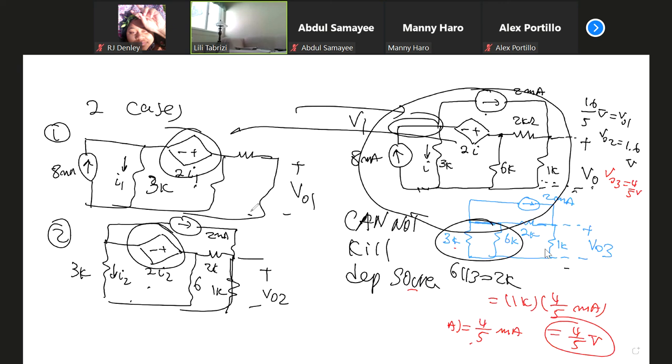The first problem I had was three resistors, and you would use voltage division to solve for V naught 1. I can also use voltage division if that's your question. Yes, you can do that. Are you asking if you can use voltage division here for V naught 1?